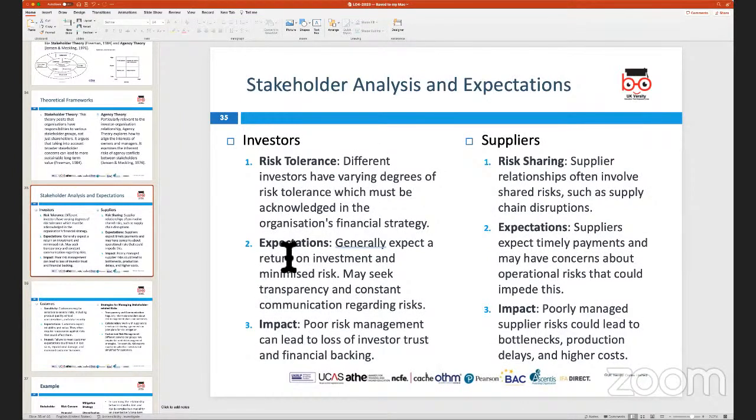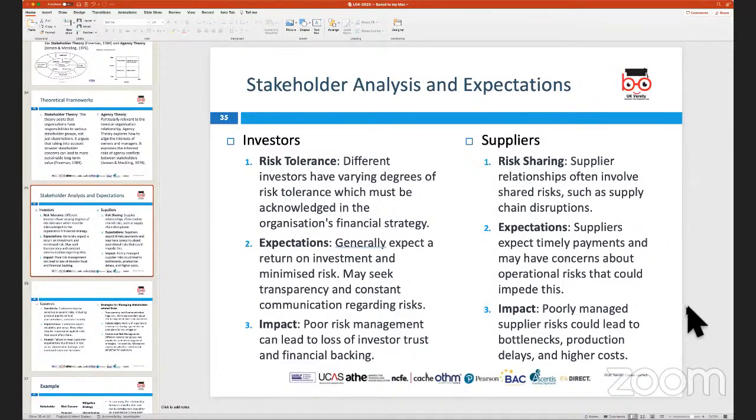So when we look at three factors, risk tolerance, expectation, and impact, that is where we are going to use the stakeholder power interest grid or matrix to understand that if I'm an investor in the organization, what is the risk tolerance I have, what is the expectation I have from the organization, and how will it impact me in particular, and my interest in particular is what I would look at from the point of view of stakeholder analysis.